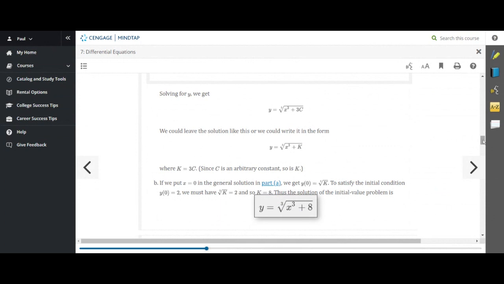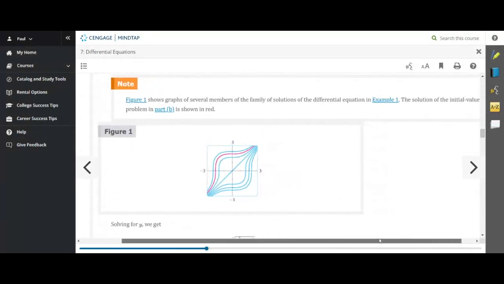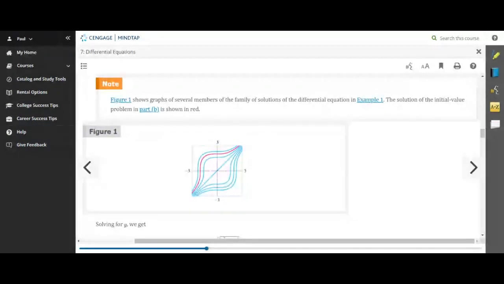And if we look at figure 1, it shows graphs of members of the family of solutions. For different values of k, you're going to get different solutions. Now, the solution that passes through the point 0, 2 is the solution in red in figure 1.